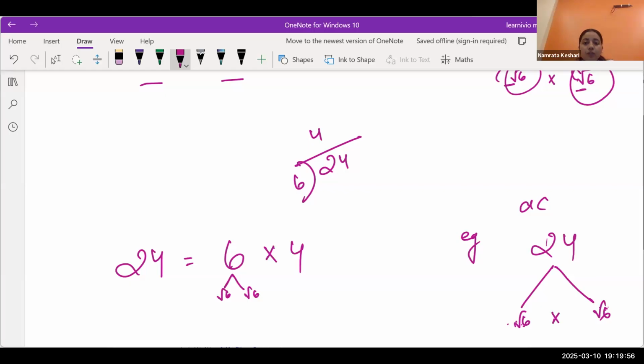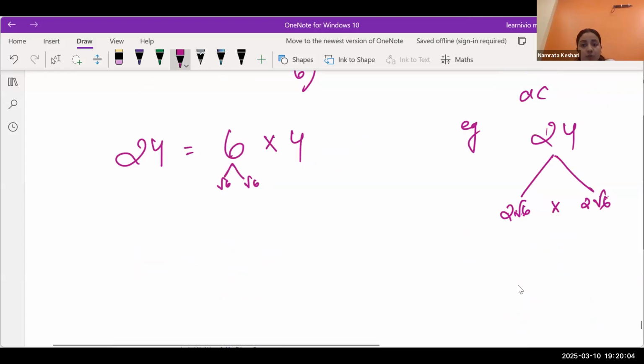Yes, ma'am. Okay, तो हो सकता है यहाँ हम 2 लिख लें, यहाँ 2 लिख लें, या फिर another possible case, यहाँ हम 4 डायरेक्टली लिख लें और यहाँ 1 root 6 ले लें. Getting it? Yes, ma'am.